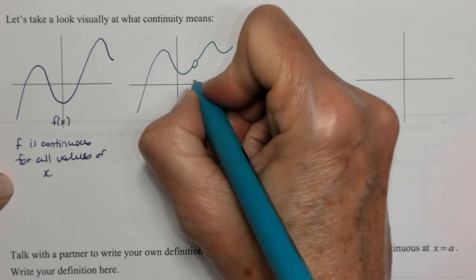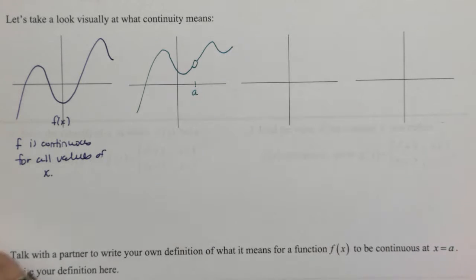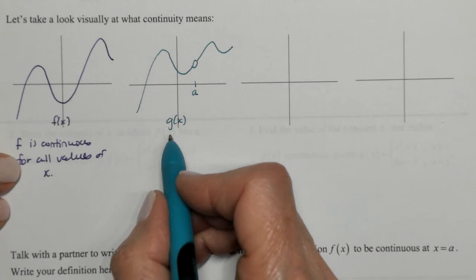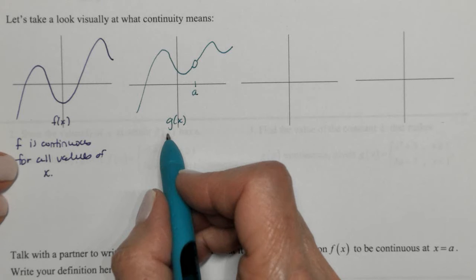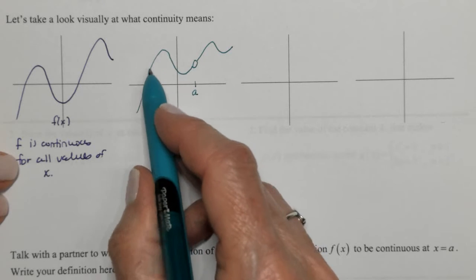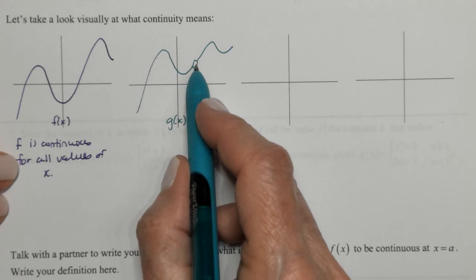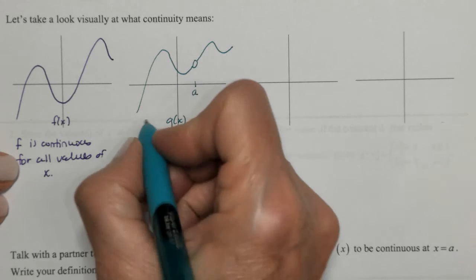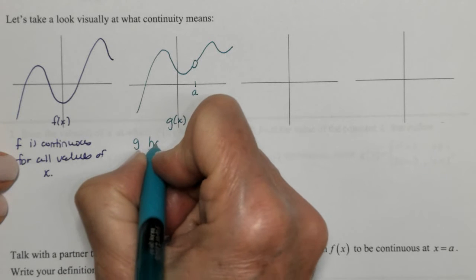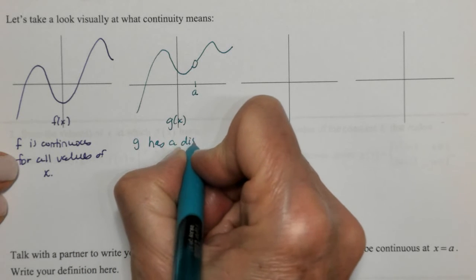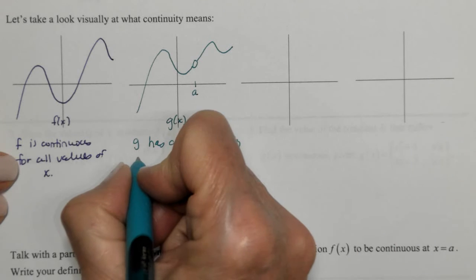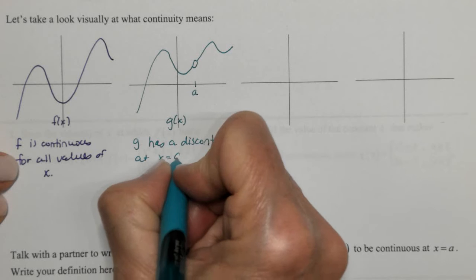Okay, let's take a look at this function. I'm going to call this value of x a, and I'm going to call this function g of x. G of x is not continuous everywhere. G of x is continuous most places, but not at x equals a, because there's a hole there. So I would say g has a discontinuity at x equals a.